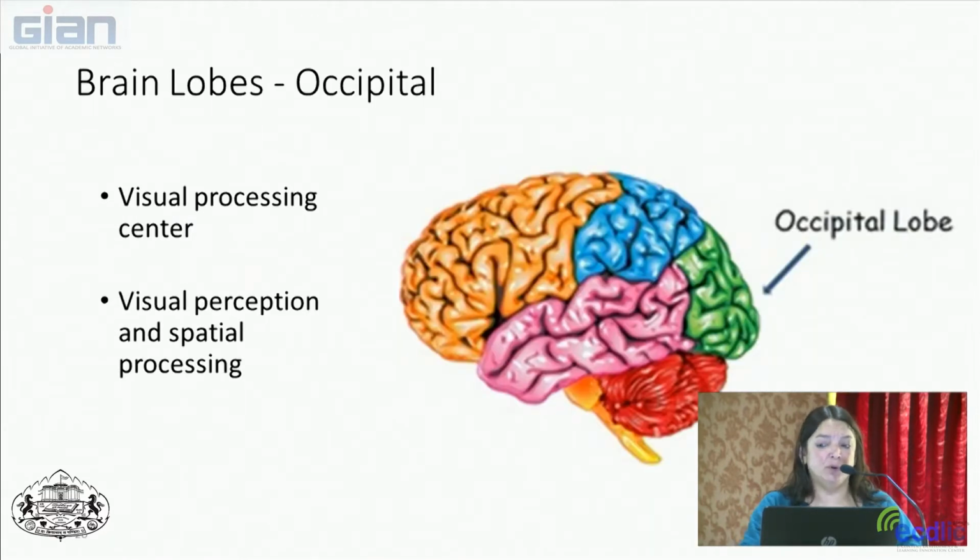Okay, the occipital lobe sits in the back of the brain, and this contains some of the primary vision centers. It's mostly responsible for visual processing and visual perception, also with spatial processing.